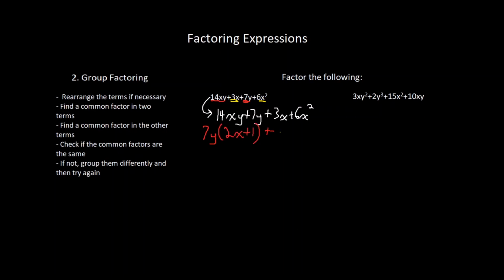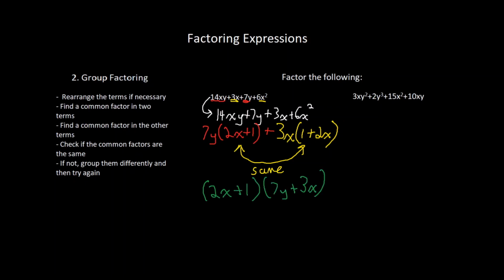From the other 2, we have a common factor of 3x, so it becomes 3x multiplied by 1 plus 2x. Since 1 plus 2x is the same as 2x plus 1, we have a common factor between the 2 groups, so we can factor out, making it become 2x plus 1 multiplied by 7y plus 3x.